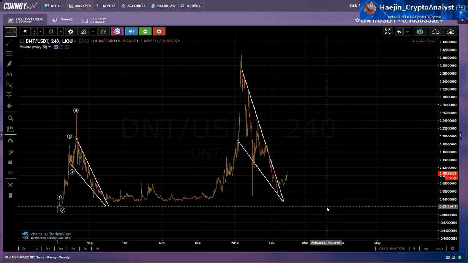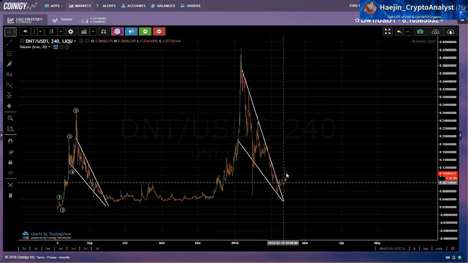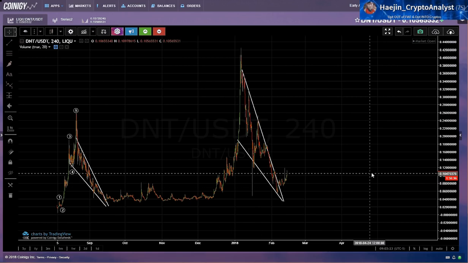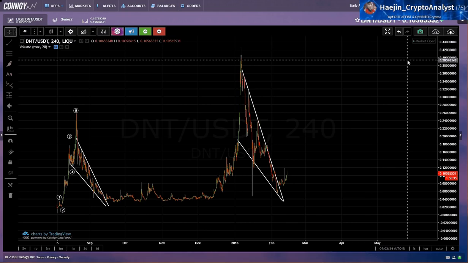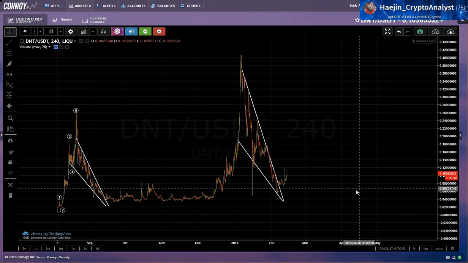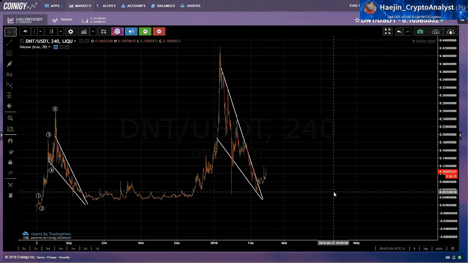Breakout, but maybe go sideways and then rise. So that is certainly to keep in your awareness. I'm not saying that is exactly what's going to happen.